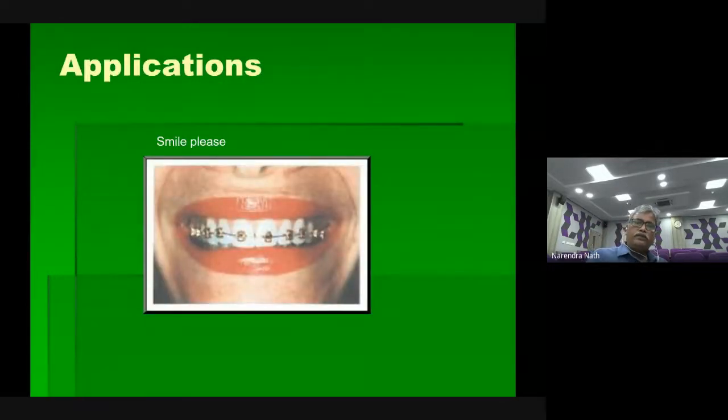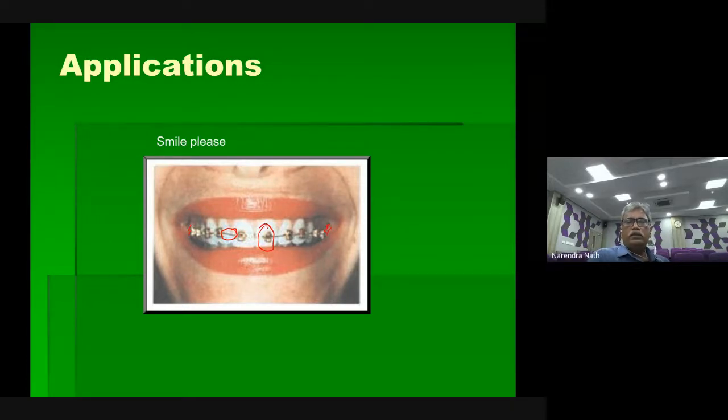When you see the applications, on these teeth you can see they put some kind of clamp, and between the teeth there is a wire, and these are stitched together, and at the end they are going to tighten it.